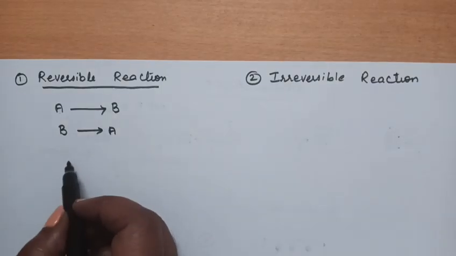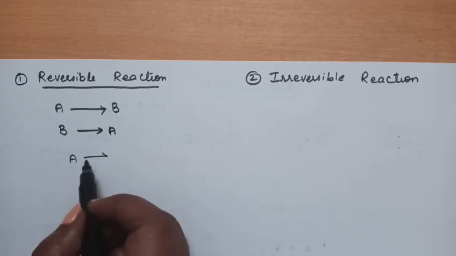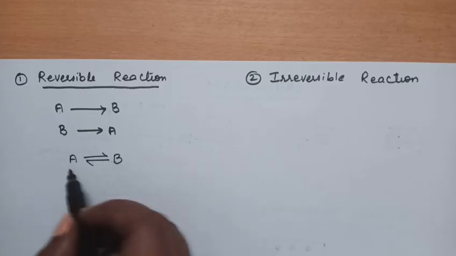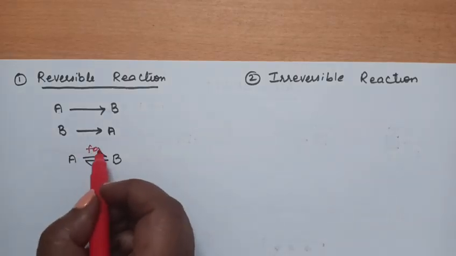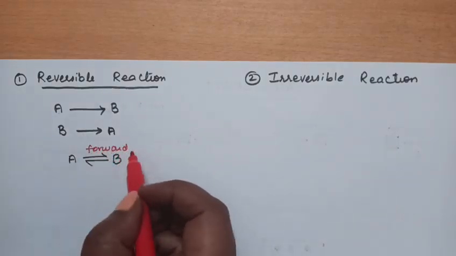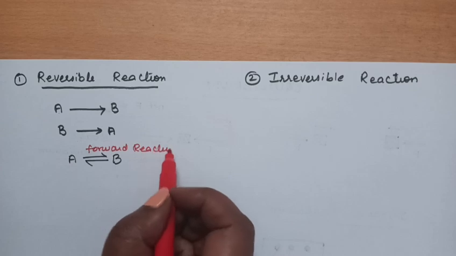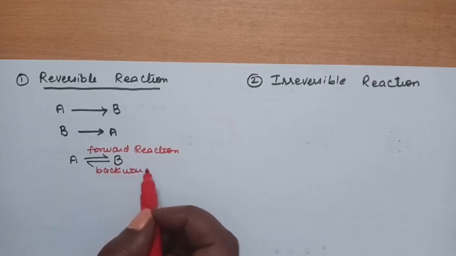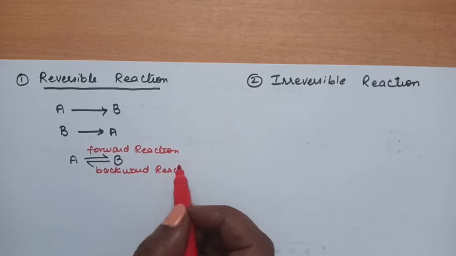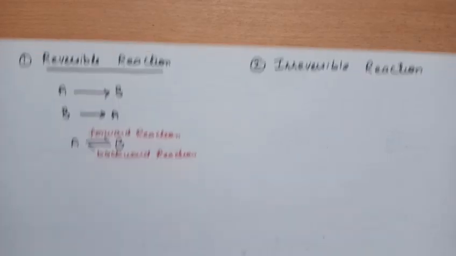So now you can represent this like this. This is a reversible reaction where forward reaction as well as backward reaction takes place.